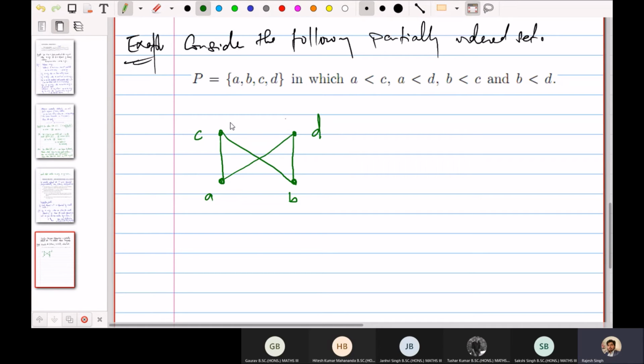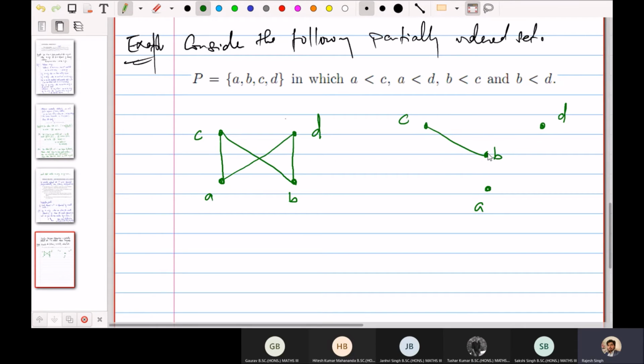Okay. Another way is, you draw A, you draw C, you draw D. Now you can put B anywhere, but it should be lying below C and D. So we can keep it here also. Now there is no relation between A and B, so it does not have any impact on how A is placed, but B should be lower than C and D because it is related.